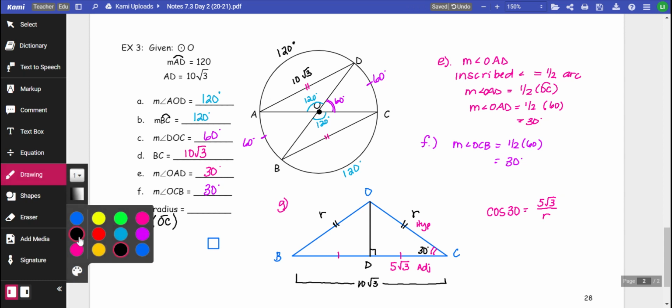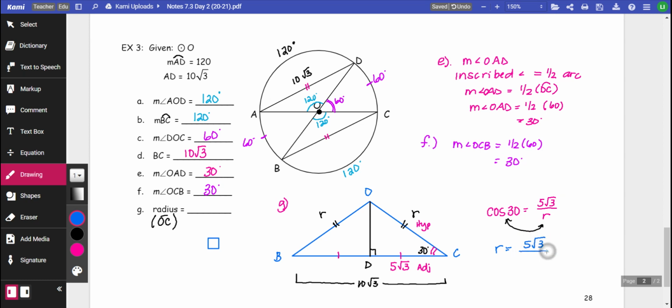If you remember, when we have our unknown in the denominator, we flip-flop. So the radius is equal to 5 root 3 over the cosine of 30. And when I type that into my calculator, I get a nice whole number of 10. That looks like a special right triangle to me.